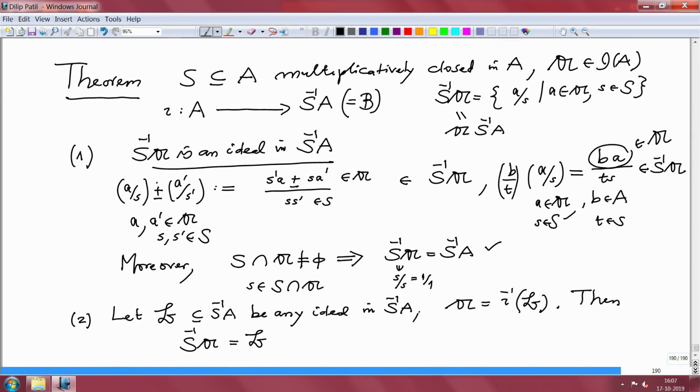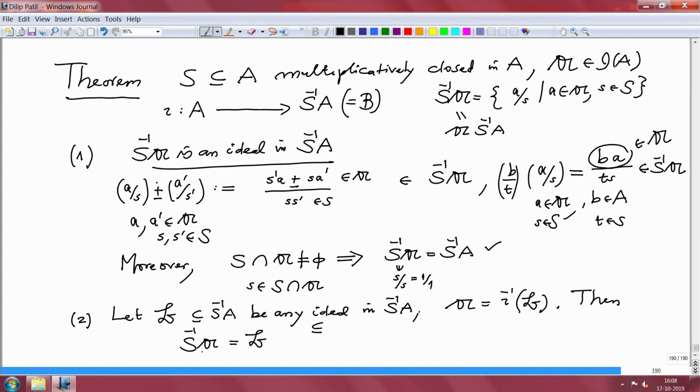Alright, so let us prove that again. How do you prove it? I have two inclusions to prove. I will prove this first, the proof of this equality. That means any element here is in B. So what is any element here?